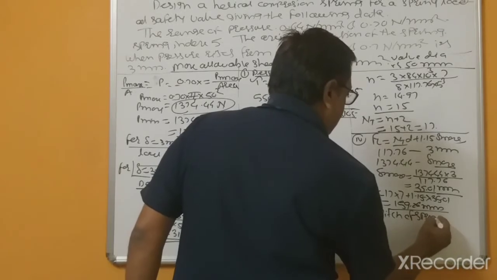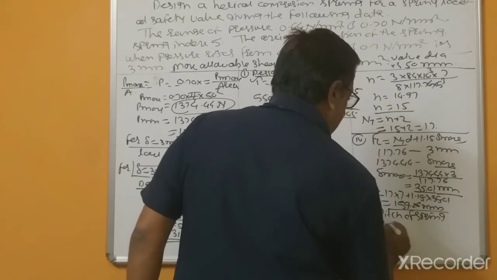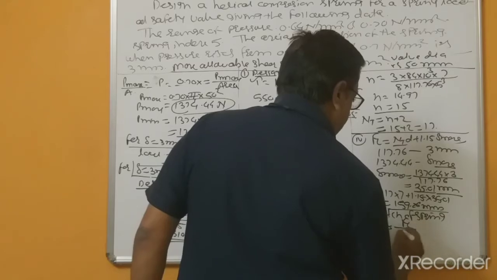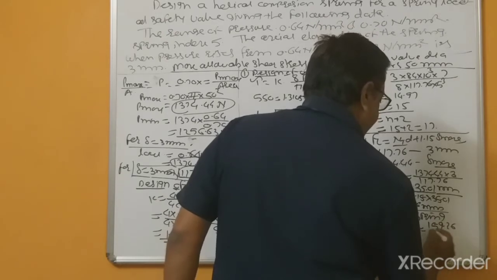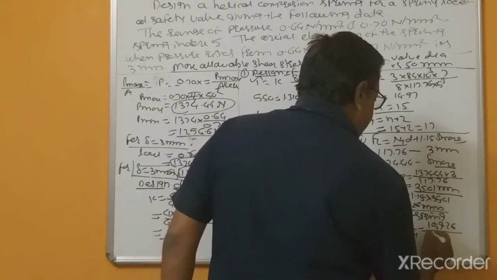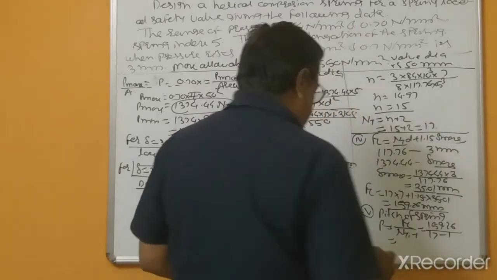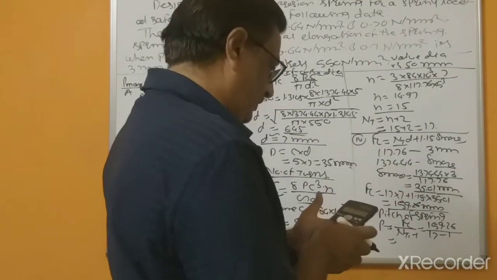And last is the pitch of the spring, and this is equal to, what is the formula? Free length divided by nt minus 1. This is 159.26 divided by nt equal to 17 minus 1, that means 16.